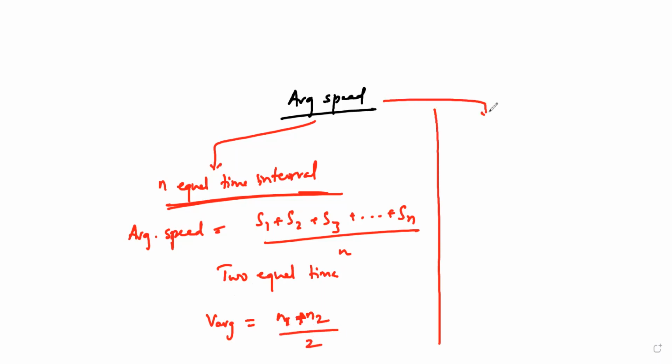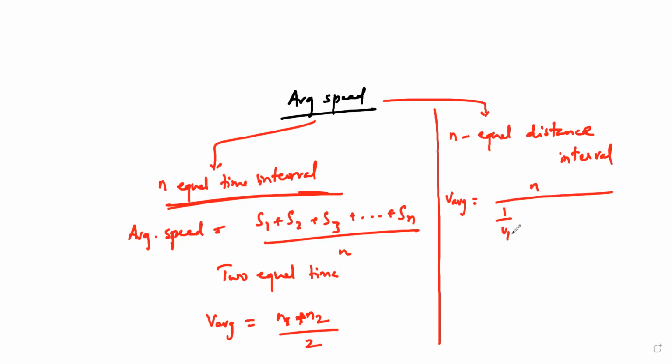Another model for average speed will be n equal distance intervals. Over here, average speed you will write as n by (1 by v1 plus 1 by v2 plus 1 by v3 and so on up to 1 by vn).